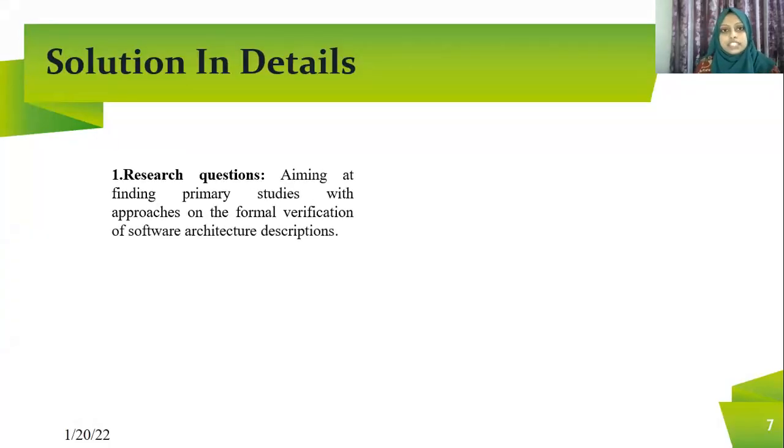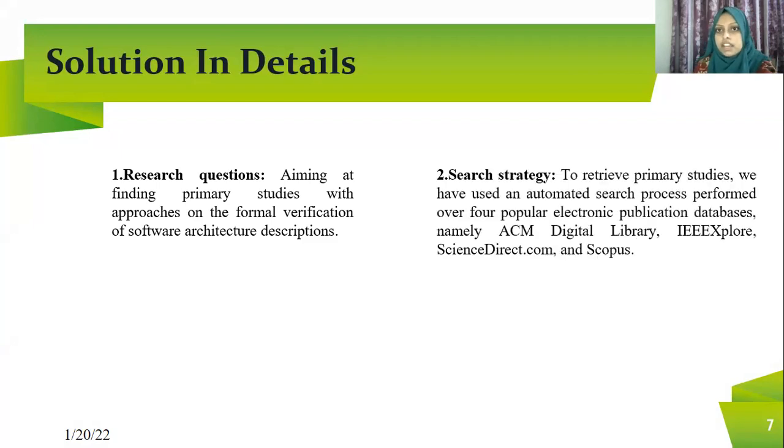Then first is the research question, aiming at finding primary studies with approaches on the formal verification of software architecture description. Second is the search strategy to retrieve primary studies. We have used an automated search process performed over 4 popular electronic publication databases, namely ACM Digital Library, IEEE Xplore, ScienceDirect.com, and Scopus.